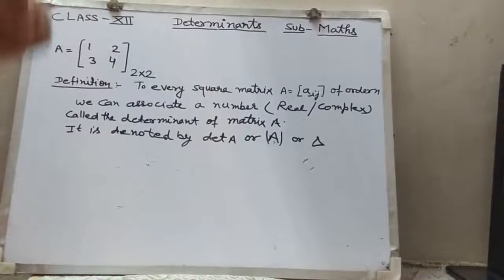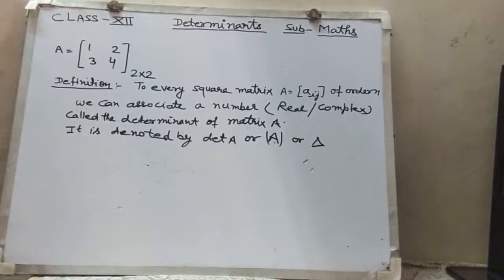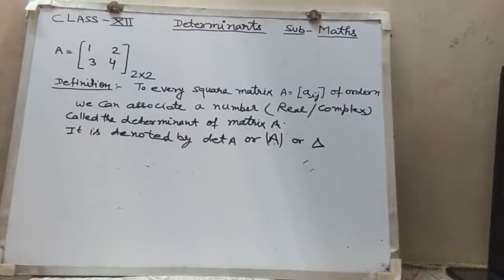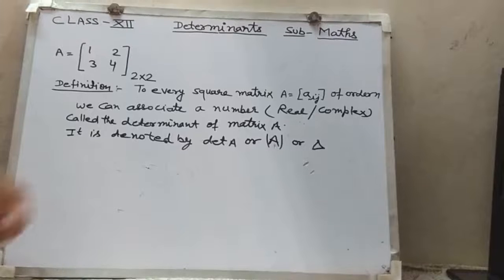Now we come on its value. The determinant of every square matrix is unique. We can understand this one by another definition of the determinant.